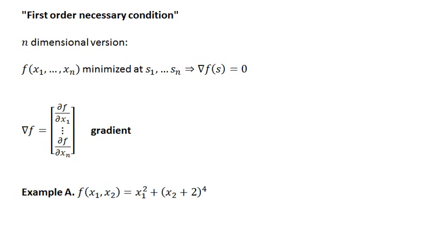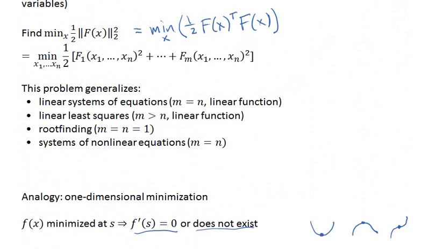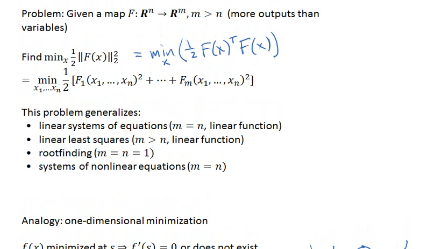So in n dimensions, if you have a function of n variables, now little f just has a single real value, but n variables. That's actually the situation we have. Capital F is a vector function. It has m components to it. But when we take the inner product of F with itself, this is a scalar quantity. It's a scalar function of n variables.